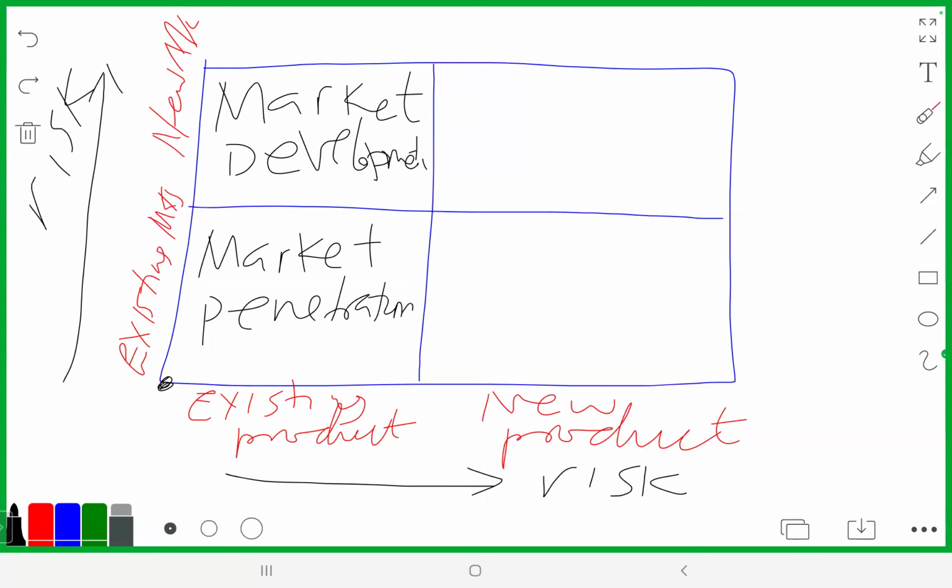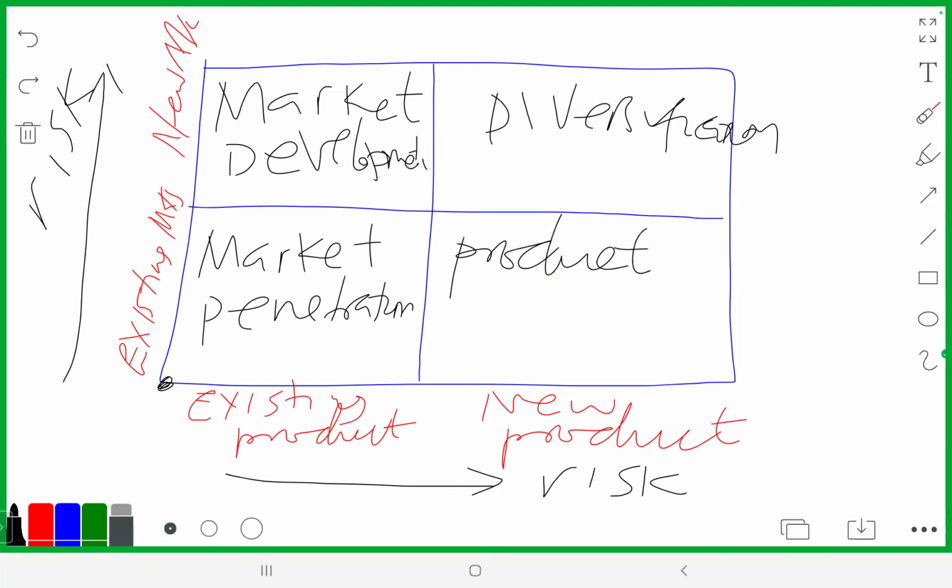On top, you can have diversification, and you have product development down here. This is your matrix, the matrix that Ansoff, the mathematician, the economist, and the business strategist developed.